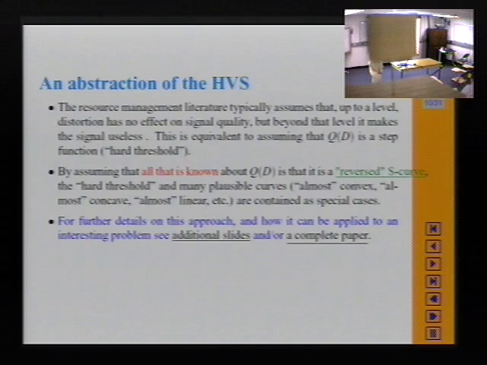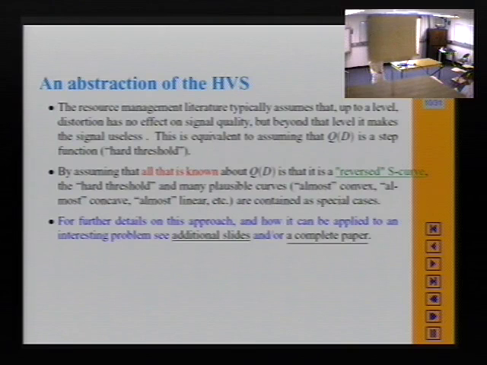If it's under a value, just choose it to the value, because they don't have in their model any credit for distortion being less than that value. So implicitly what they are assuming is that the viewer doesn't care about distortion up to this much, but if it goes beyond that point, then the user doesn't want it. It's useless. So basically they are assuming a step function.